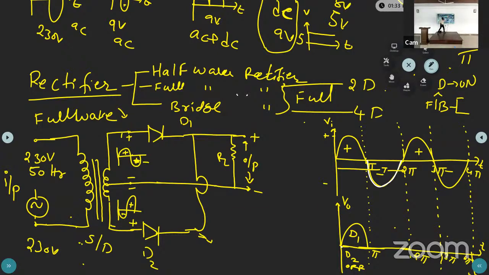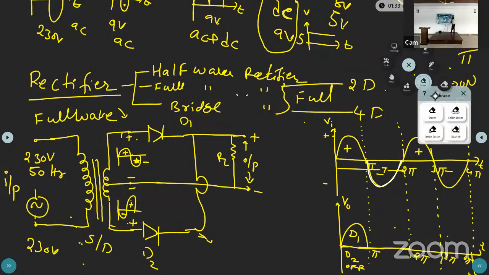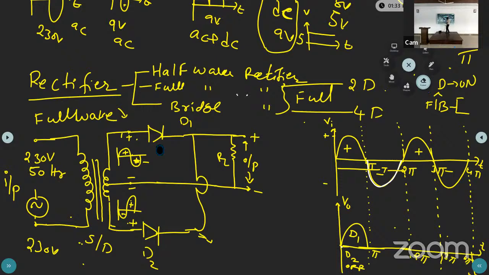Pi to 2 pi, the negative half, so negative amplitude. Here negative, so D1 becomes reverse biased, and here positive, so D2 becomes forward biased. For the second half cycle, D1 is an open circuit and D2 is a short circuit.